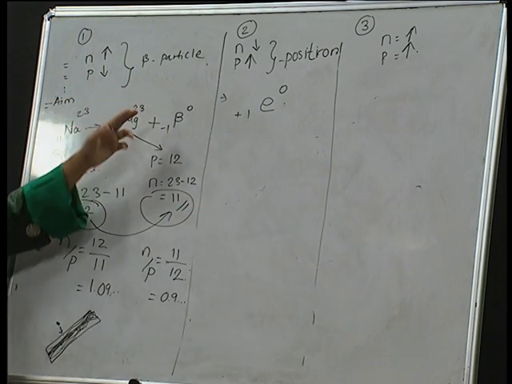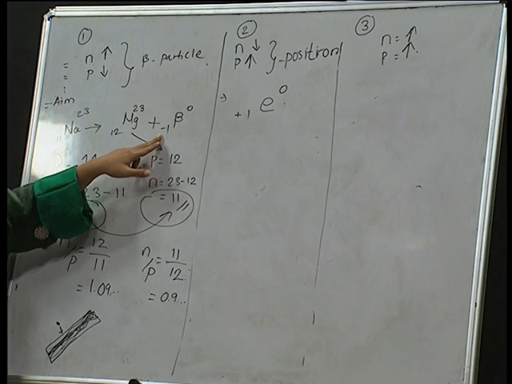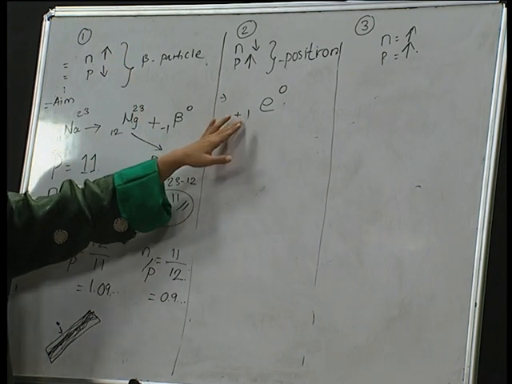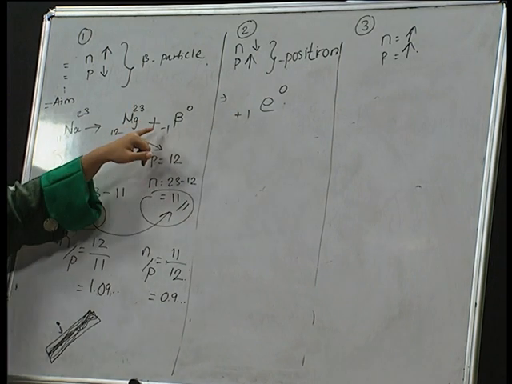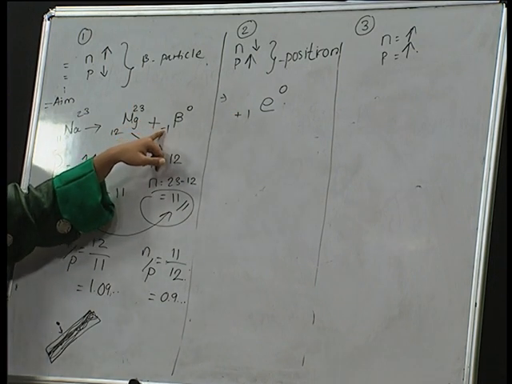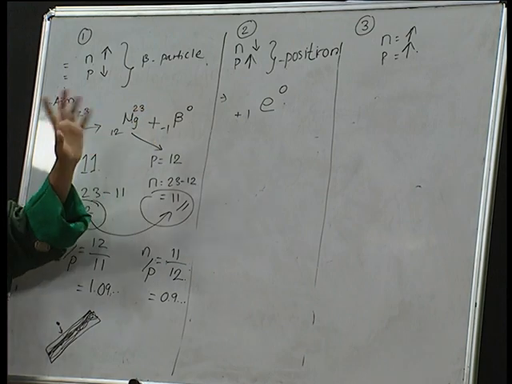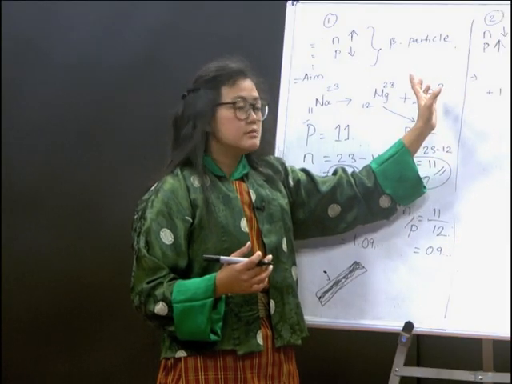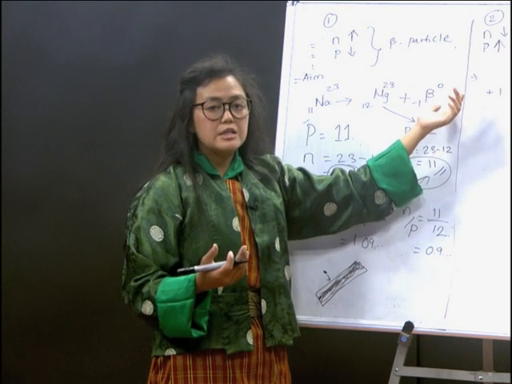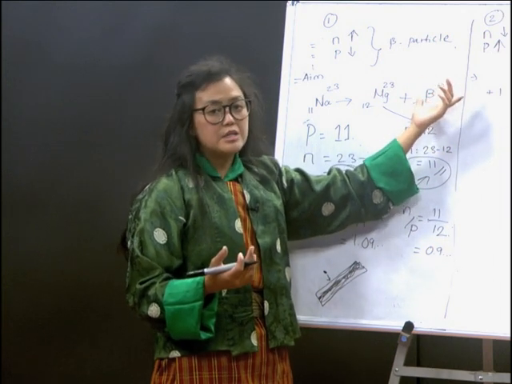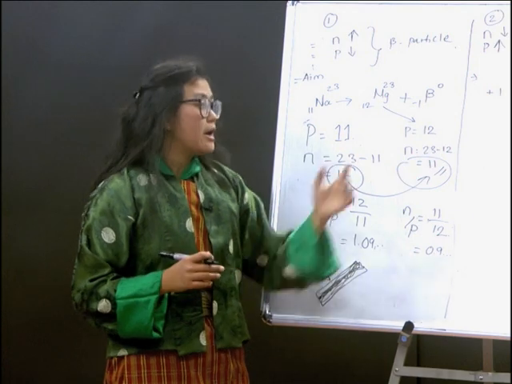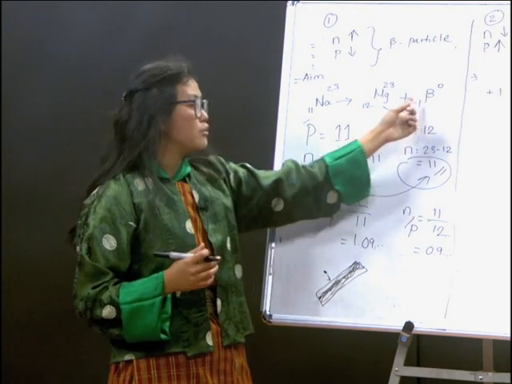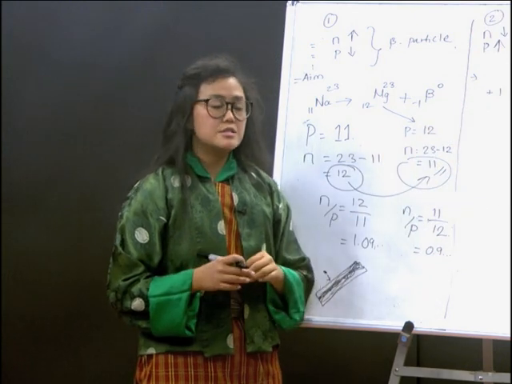In the beta particle we saw it is -1. So this is positron. This is positively charged, here it is negatively charged. But the common property that they exhibit is they have the same mass. I mean the mass is same for both, only the charges are different.